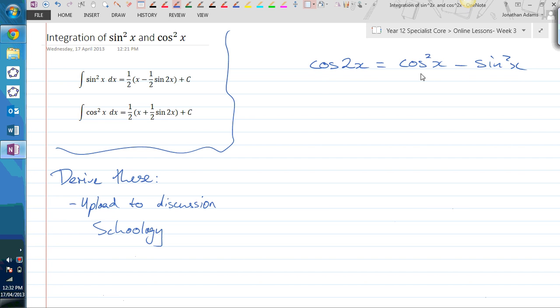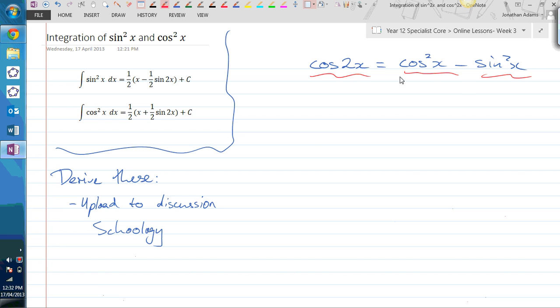And with this result, we're actually able to relate trigonometric functions that have squares in them and a trigonometric function that doesn't have a squared in it. Now, if you were to look at the two sides of this equation, you can't integrate the right-hand side, or not by methods that we have at the moment. We can't integrate that right-hand side, but we could integrate the left-hand side. We know how to deal with this kind of a function.